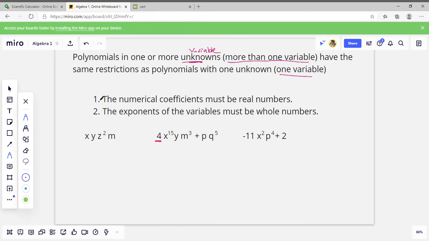So here, that 4 is a real number, that -11 is a real number. The exponents of the variables must be whole numbers. Here's an exponent, it's a whole number. There's 1, there's 1, there's 1. None of these are negative. So those are all polynomials in more than one variable.